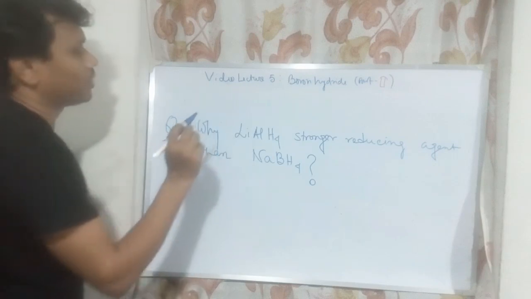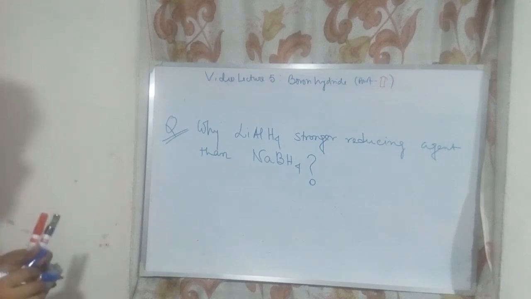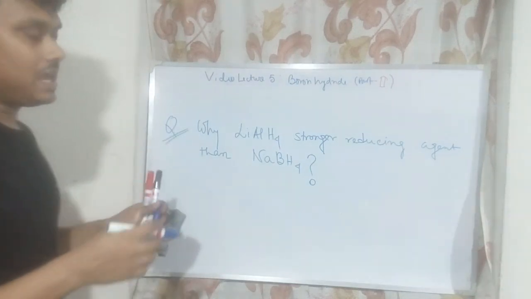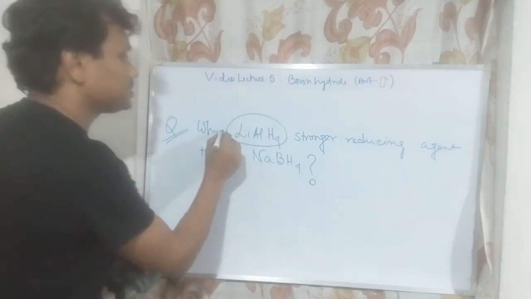Okay, this is the homework. I expect that you should try this by yourself, and in the next video I will explain the answer. And in the next video I shall also explain some things about lithium aluminium hydride.